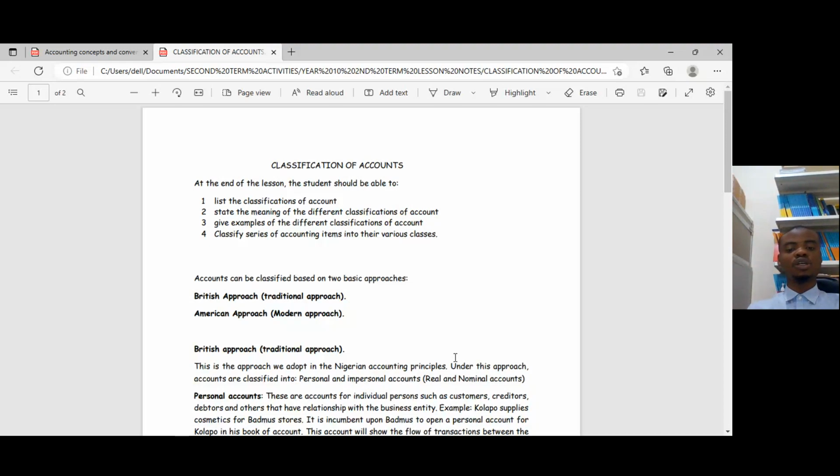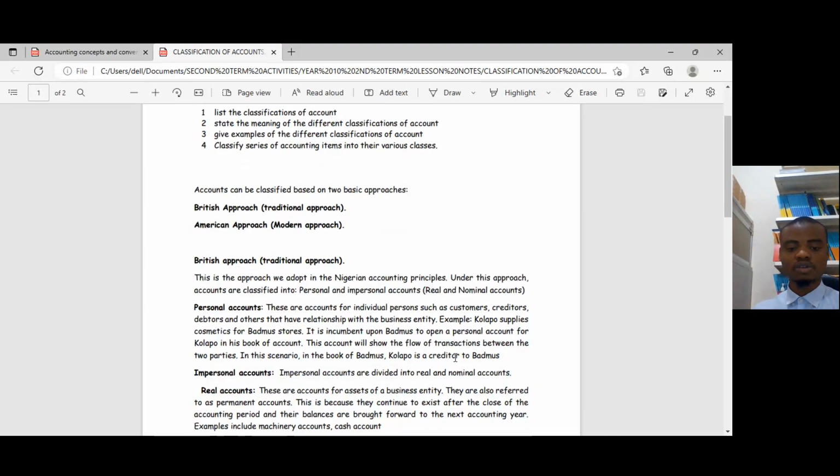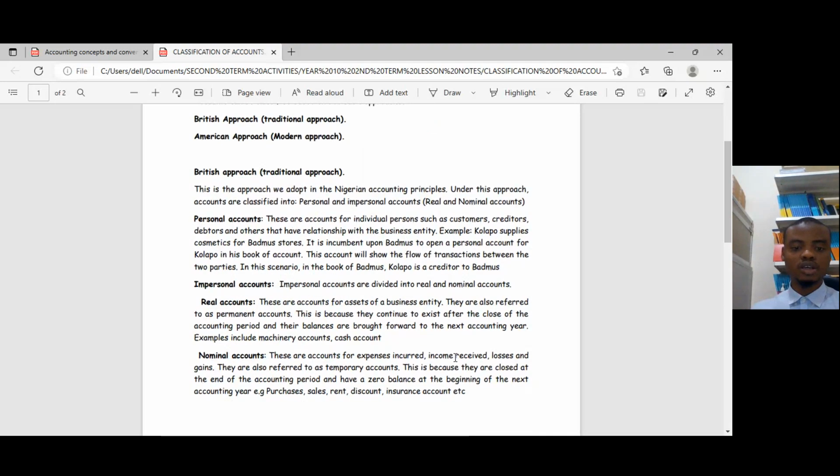Okay, the British approach, also known as the traditional approach, classifies accounts into two classifications. The first one is personal accounts, while the second one is impersonal accounts. What are personal accounts? Before we move to impersonal accounts, when we say something is personal, it means it belongs to an individual, right?